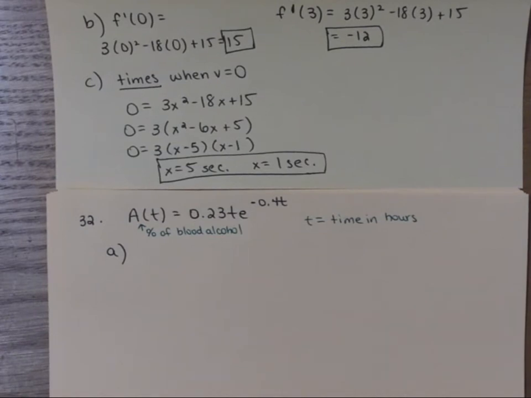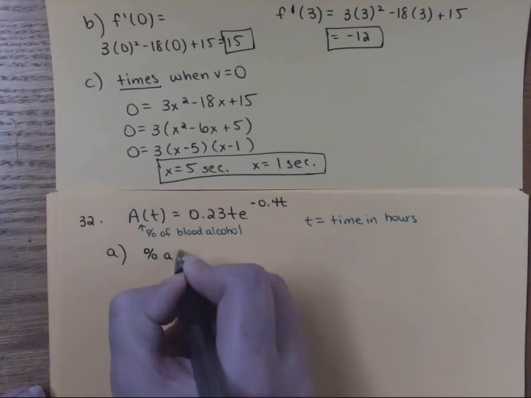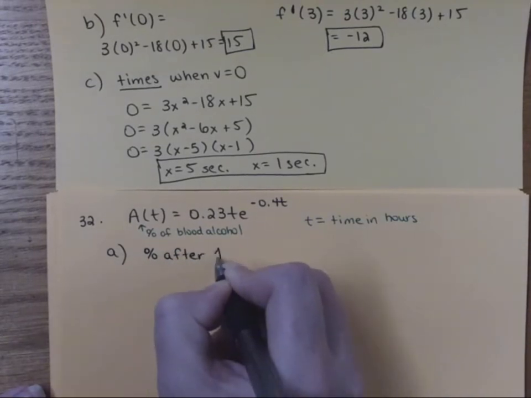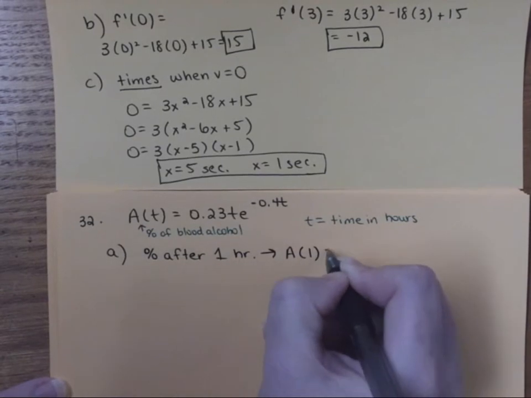So part A says, what is the percentage after an hour of drinking the 8 ounces of whiskey versus after 4 hours? So notice, I didn't mention rate of change, a rate, how fast, anything like that. I just said, what's the percentage? So the percentage after 1 hour, I just need to use the original formula, right? I just need to find A of 1.